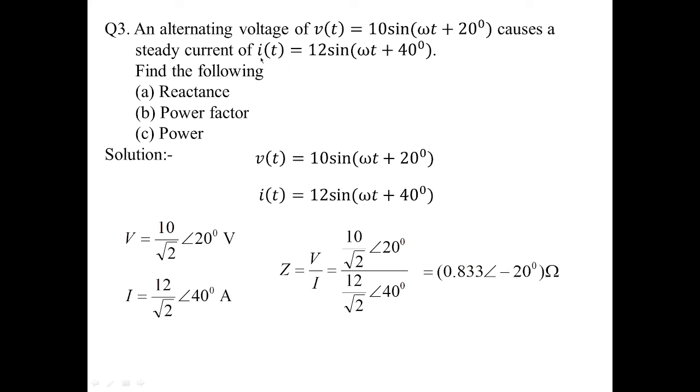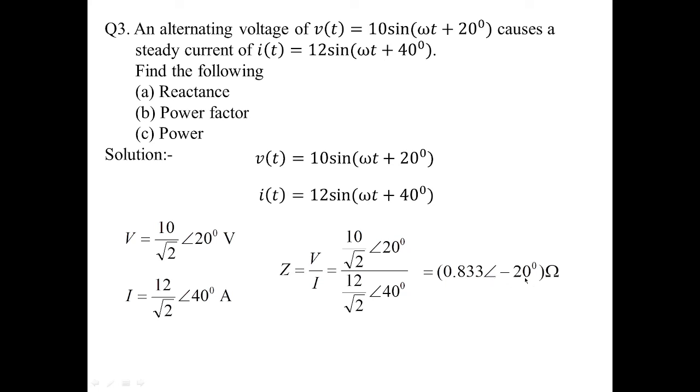Here in the problem, i of t is plus, whereas v of t is also plus. And you have sine terms same, angular frequency same, and just concentrate on the positive signs of the voltage as well as the current. So here the current leads voltage. Hence it's an RC circuit.